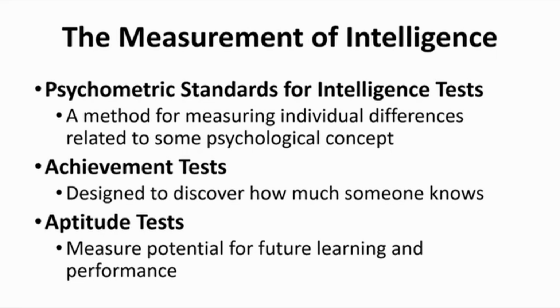So for our intelligence test, we can operationally define what certain categories are going to mean in terms of intelligence. If someone scores an IQ of 100, then they are of average intelligence. That's part of our operational definition.